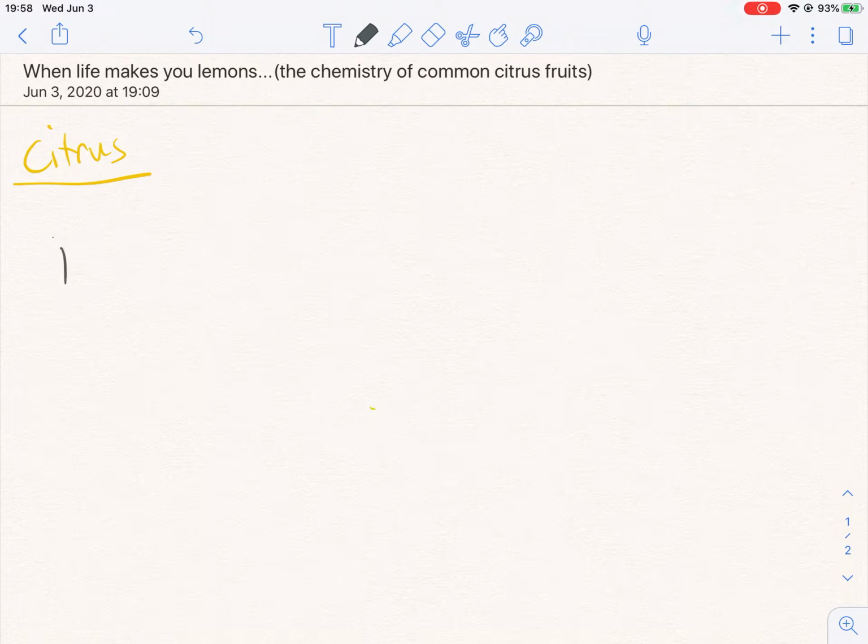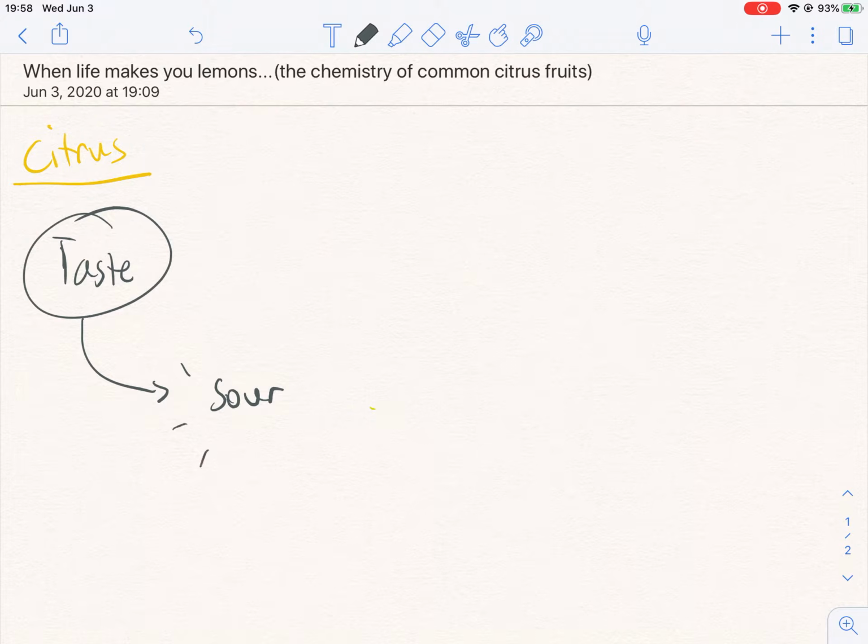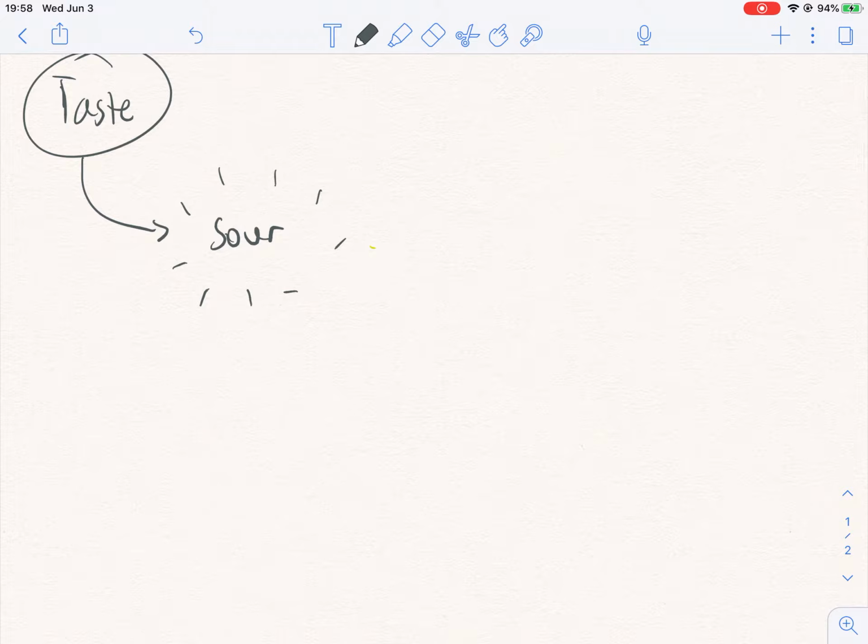Okay, so the first thing that I think about, and I think a lot of us might think about, is the taste. And the most common taste, at least when I think about these things, is sour. So where does sour come from?